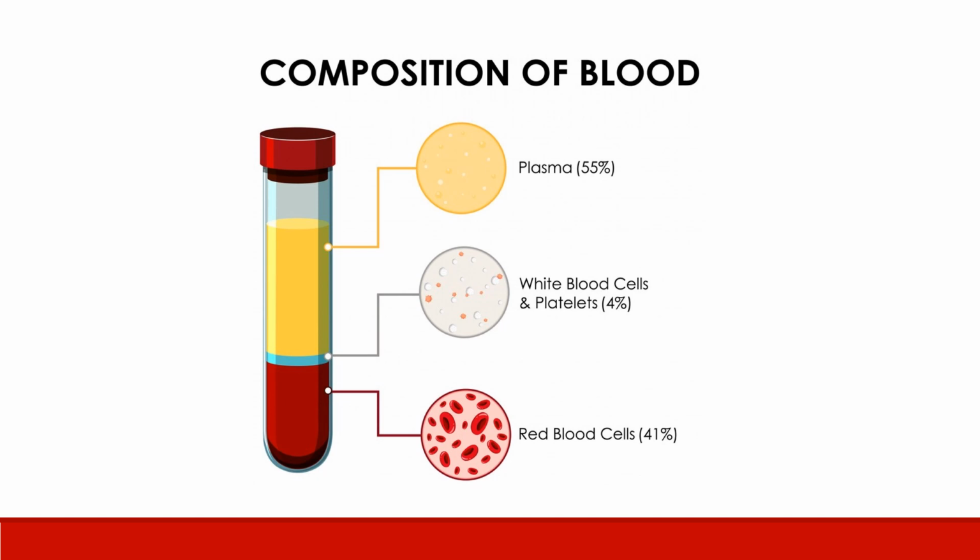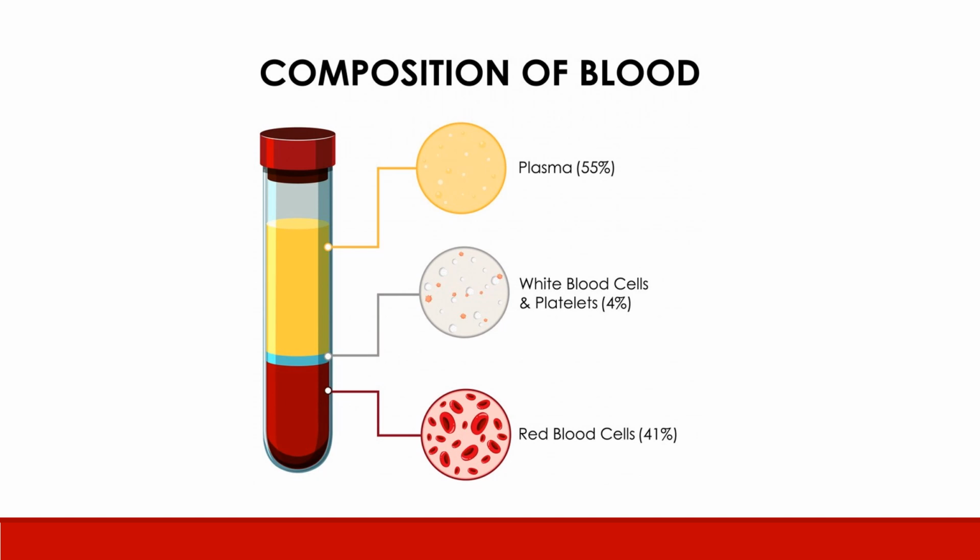So what of these components can we transfuse to patients? Yep, you got it. Pretty much all of them. So it really depends on what's ordered and what the patient needs. Remember that there's a really big push right now for whole blood. So if patients are bleeding, we give them back everything that they already lost through the process of giving whole blood, right?